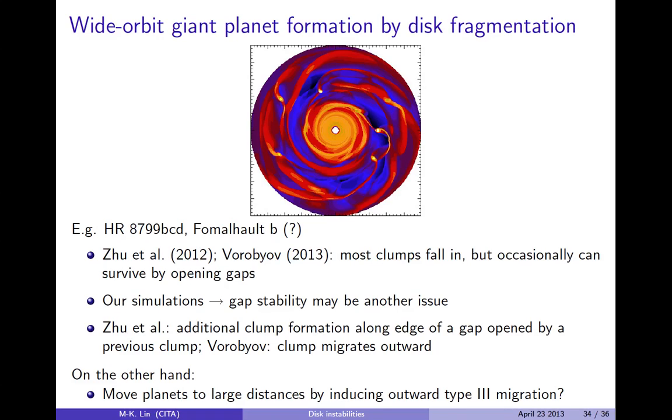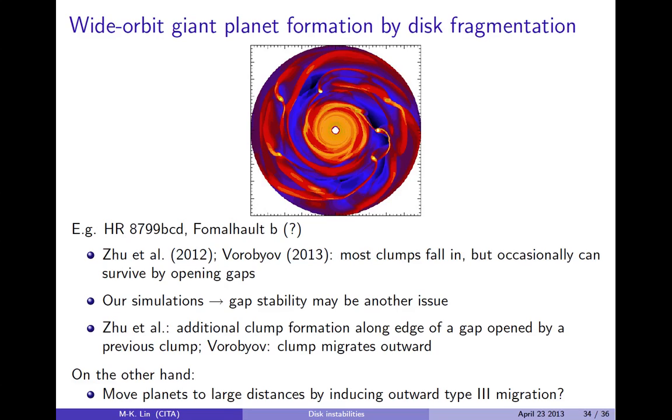Even if you are successful in opening gaps, you have to think about gap stability. If the gap is not stable, then you may not be able to keep the planet on that orbital radius. So our results suggest there may be additional difficulties for this particular model for planet formation on large orbits.